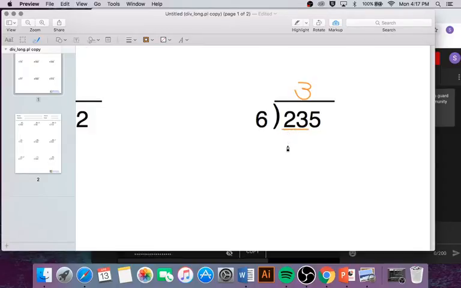So we're going to put our 18 under our 23. And we're going to subtract. 23 minus 18 is 5.